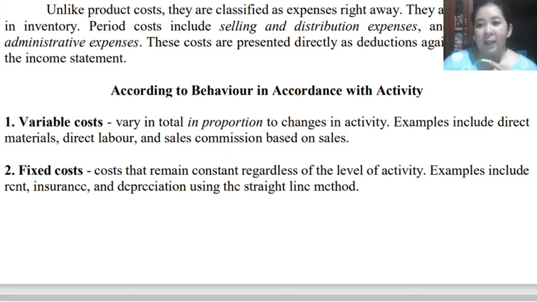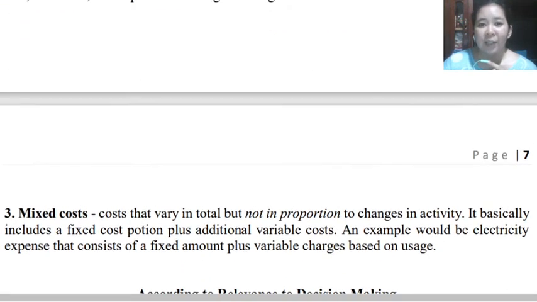Okay. And the third classification is mixed costs. This is what I have given earlier in our example. These are the costs that vary in total but not in proportion to the changes in activity. So mixed cost basically includes a portion of fixed cost and additional variable cost.